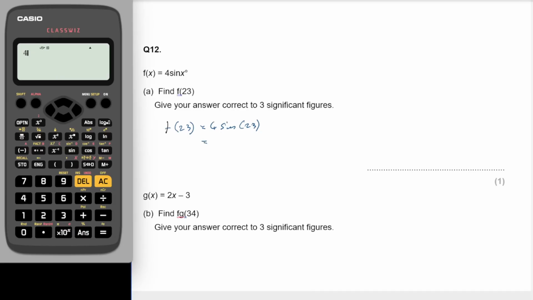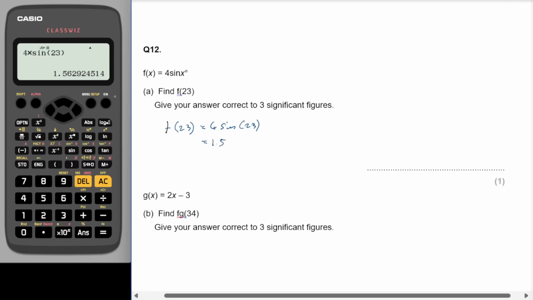So calculate in degree mode. 4 times by sine of 23 gives us the value of 1.56. So as for 3 significant figures, I always have a habit of writing it more accurate than is asked for in the question. So put some dots in to imply that you've not rounded, and then round it to the accuracy you asked for. 3 significant figures, we're rounding to that 6, so it'd be 1.56.